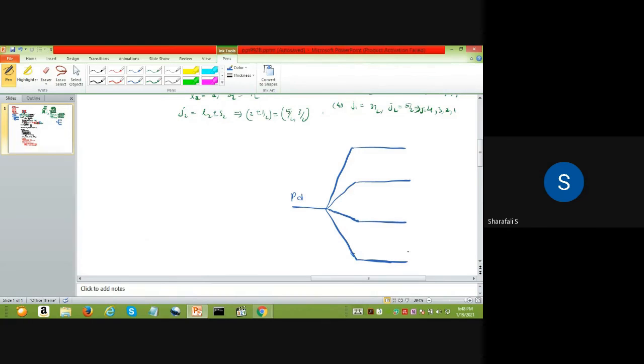The first one is 1 by 2, 3 by 2 for J1 and J2, then we have 1 by 2, 5 by 2, and 3 by 2, 3 by 2, then 3 by 2 and 5 by 2.